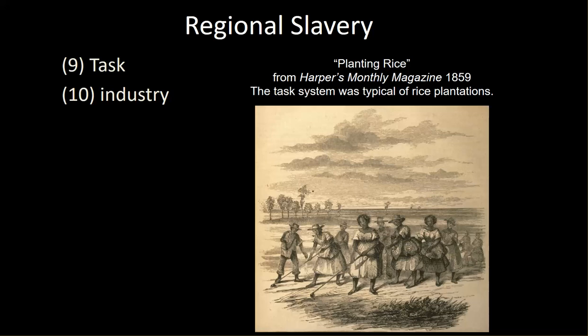Well, first you got tobacco-based plantation slavery. That's in the Chesapeake. Second, you got rice-based plantation slavery. You'll find that in South Carolina and Georgia.